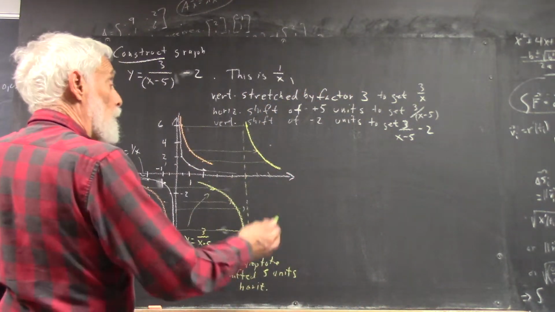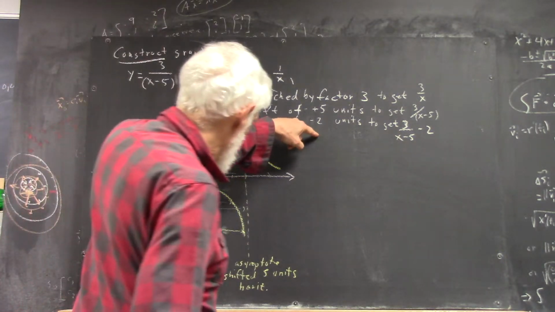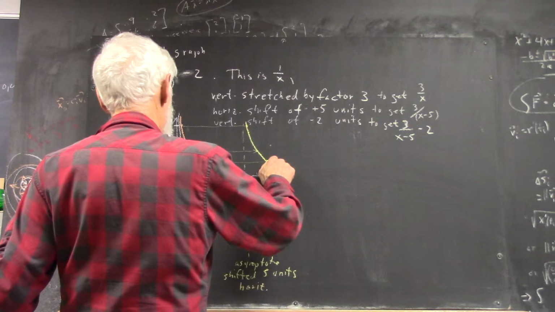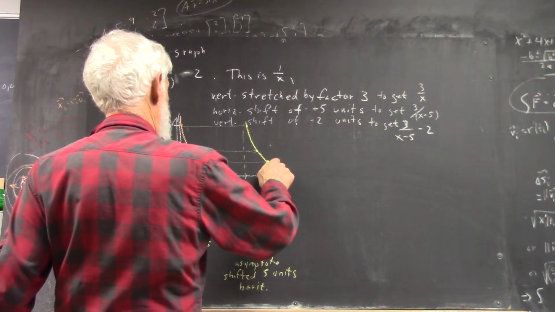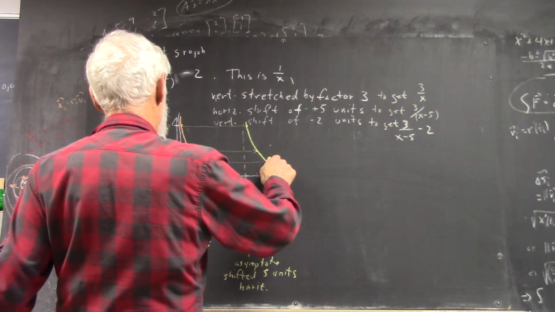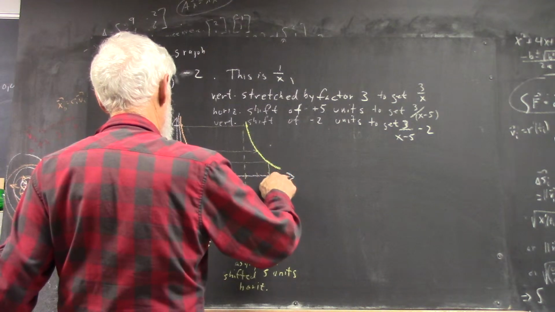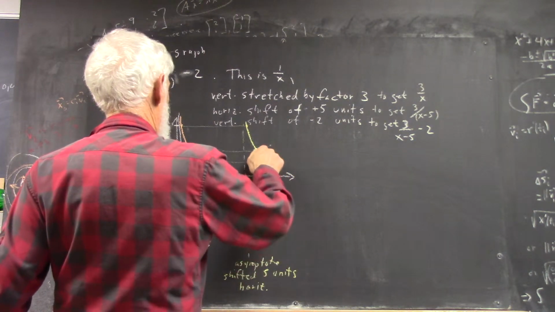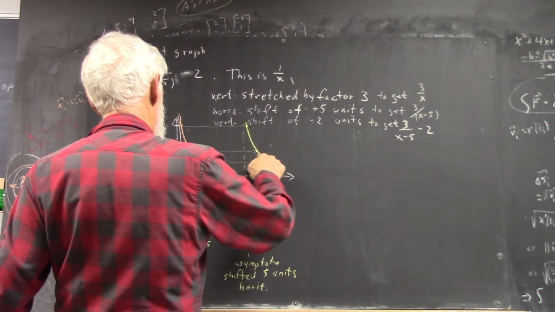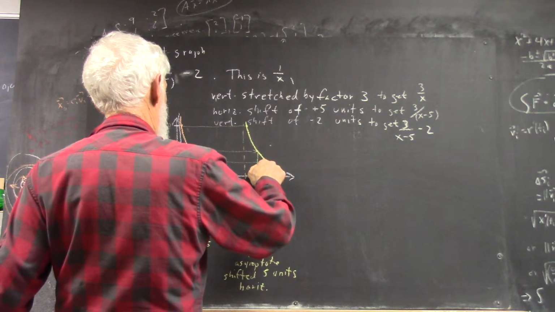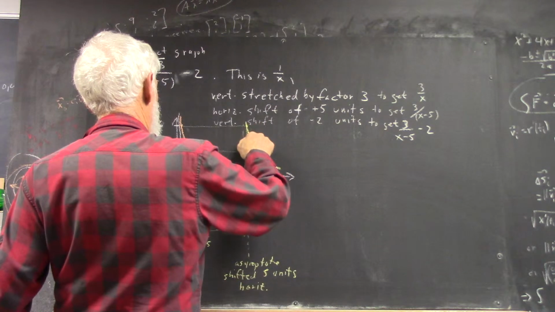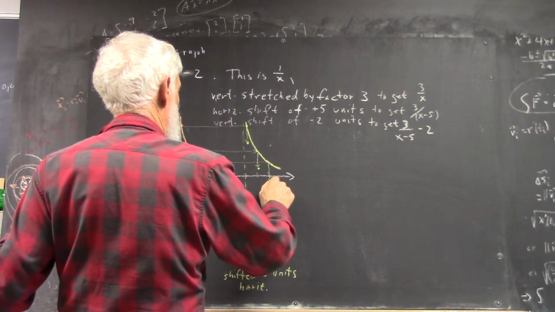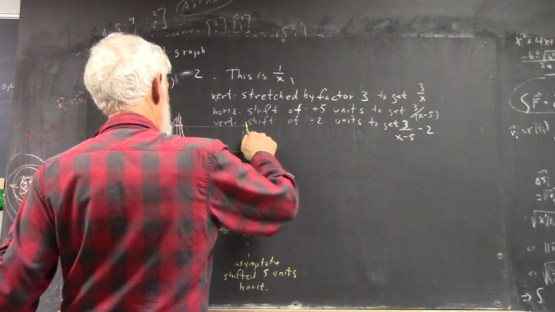Okay, so now what do I do? I vertically shift -2 units, meaning every point moves 2 units down. So this point is going to move 2 units down, and this point is going to move 2 units down, and this point is going to move 2 units down, giving me 3 points like so.